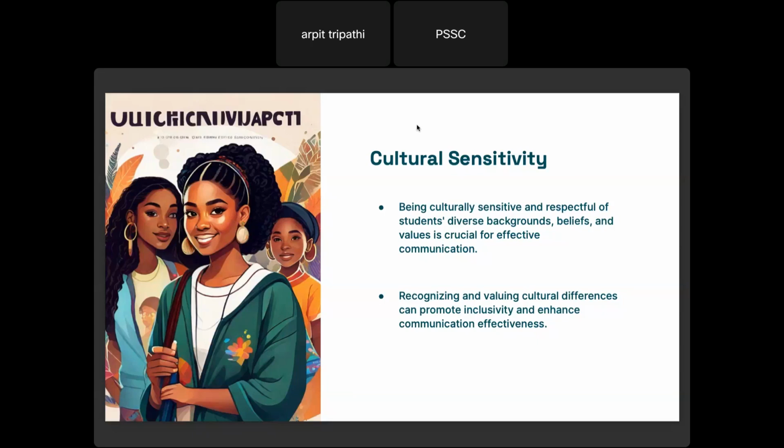Effective communication is very important when it comes to cultural sensitivity. So, understanding and respecting cultural differences in communication styles, norms, and values empowers educators to communicate more effectively with diverse student populations.